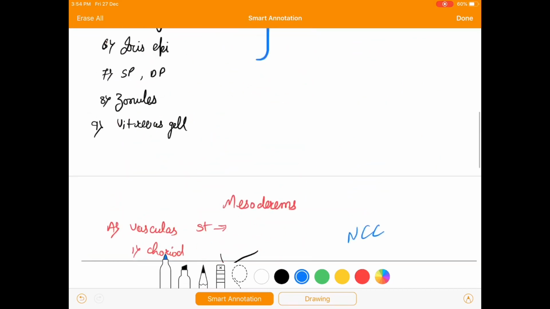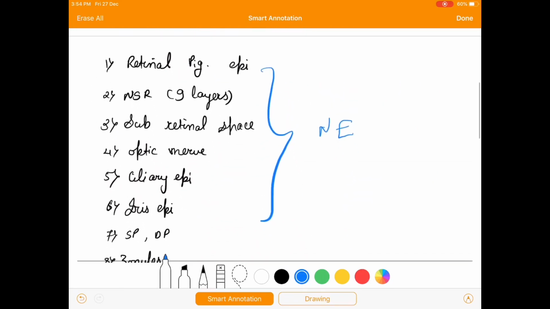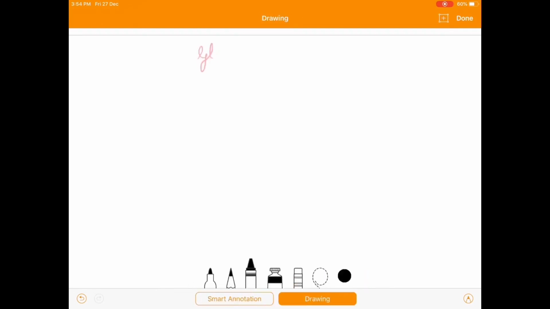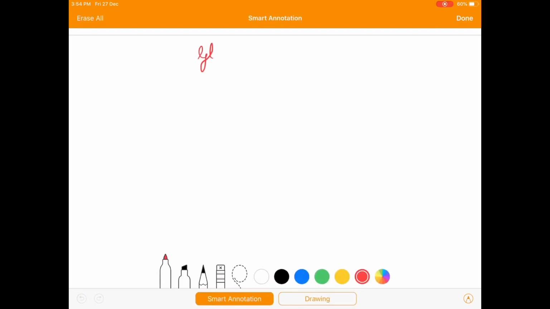So let us see here. What all glands are there which are from surface ectoderm? So glands from surface ectoderm. The first main gland is the lacrimal gland. Okay, this we agree with. Now we have the glands of the lid.